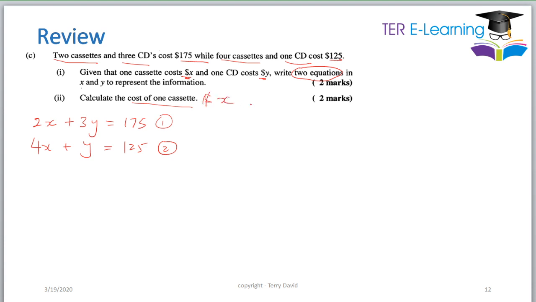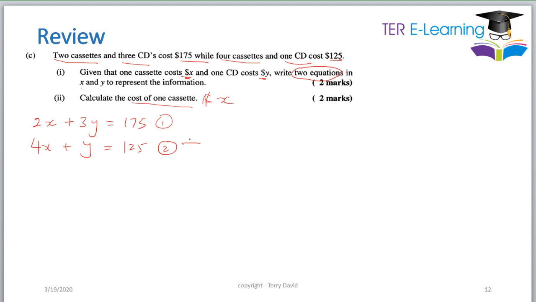So the question wants us to find or solve for X. So what we have here is a pair of simultaneous equations, and we want to solve for X. There are several ways you can solve a simultaneous equation. We can use substitution, that's one method. We can use elimination. We could even draw a graph to find a solution. All right. So what I'm going to do here though, I'm going to use substitution.